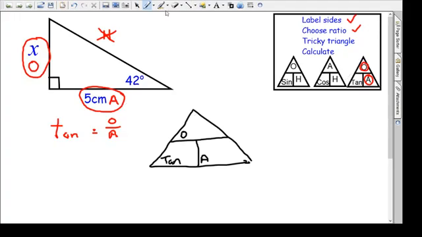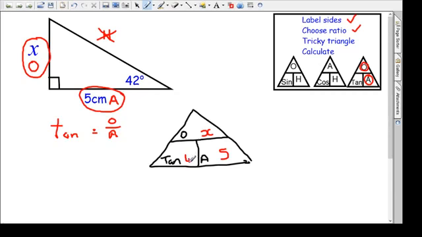And now I'm going to start filling in my numbers. The O is the X. The opposite side is the X. I'm going to put an X in there. A is 5. The one in the bottom left where I've got the tan is always the angle.